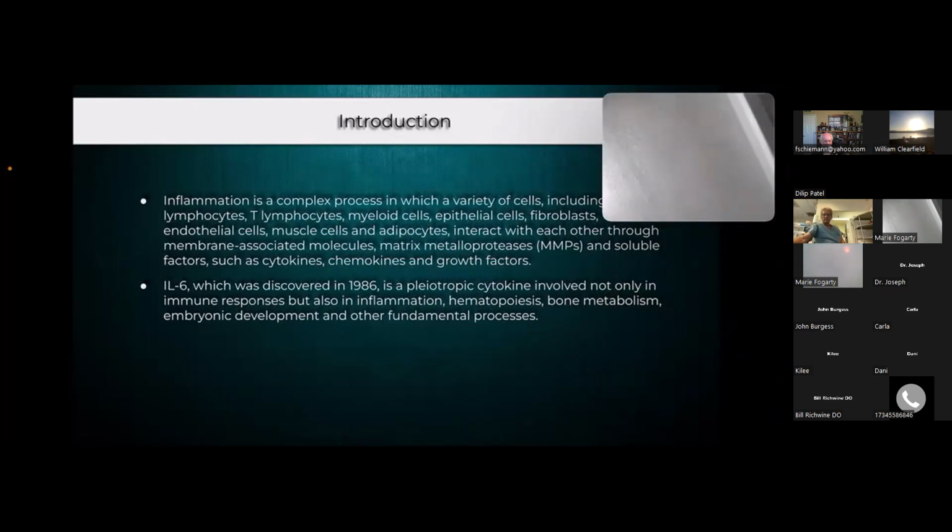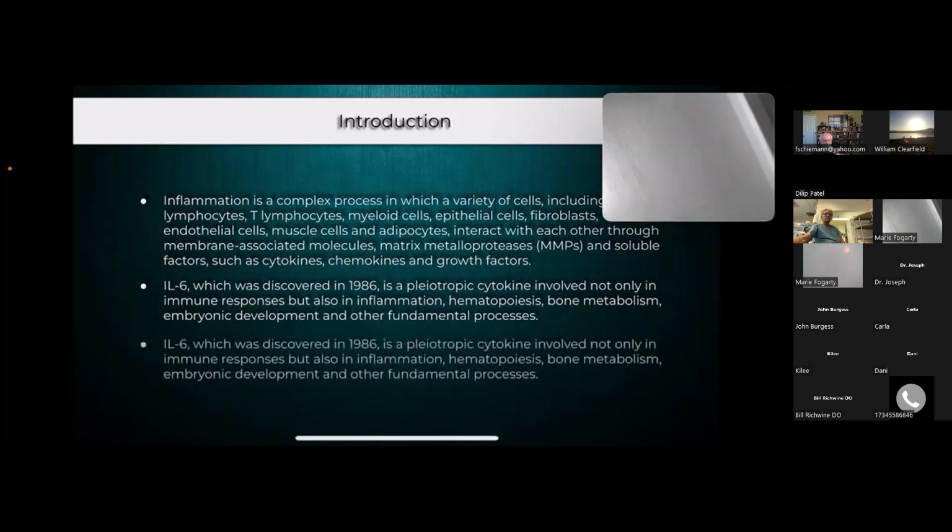I just say this again because pleiotropic cytokine, it just means that they are involved with so many processes that are seemingly unrelated, and that this will make sense even more when you realize that interleukin 6 then can also affect a lot of other things if it's going in the wrong direction, seemingly unrelated things.